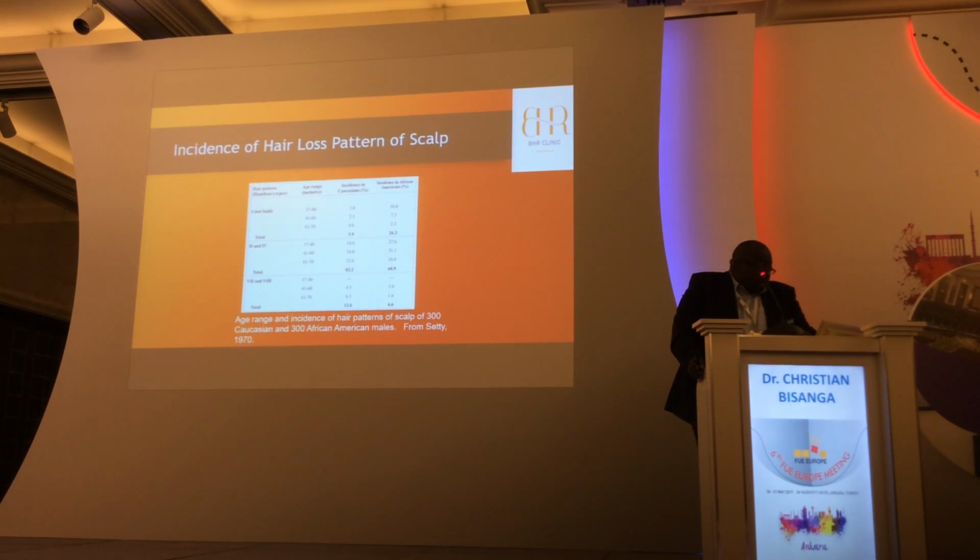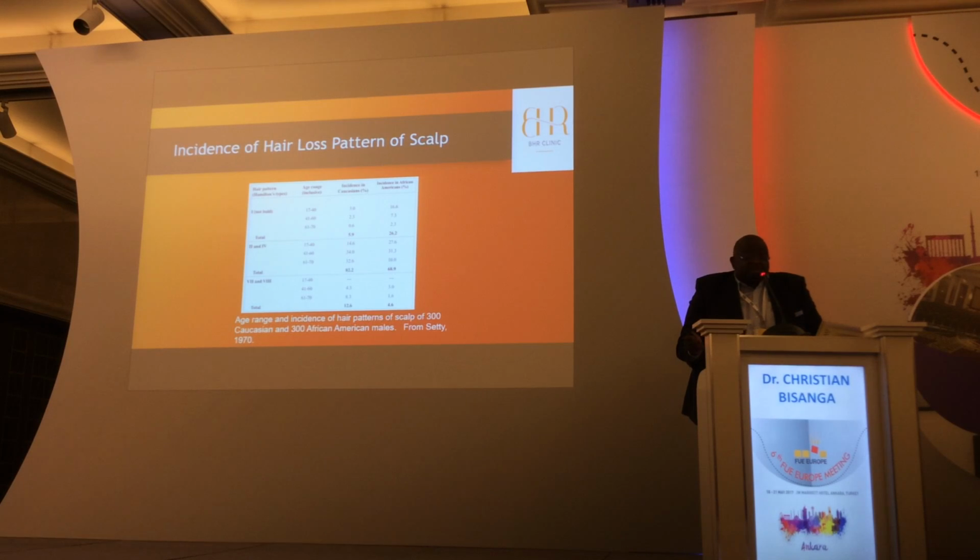Norwood 1 in the age range is only 5 to 9%. I'll compare different race groups. As you can see, most patients will end up being Norwood 2 to Norwood 4. That's where you really have most of the patients.